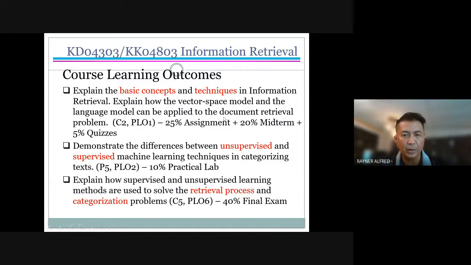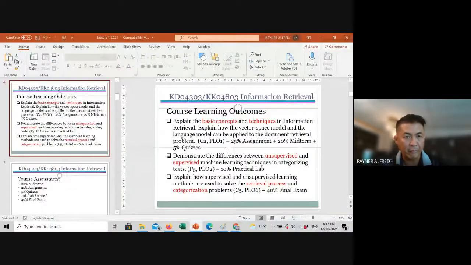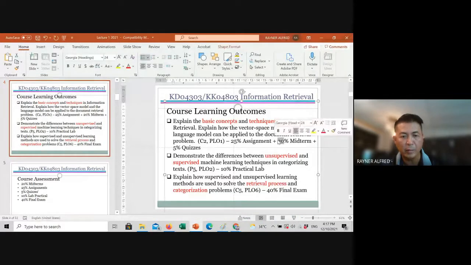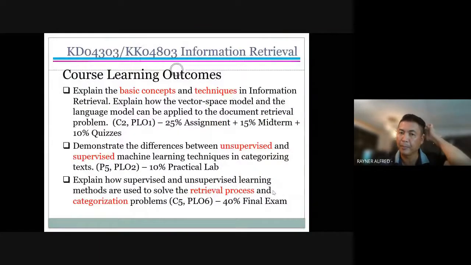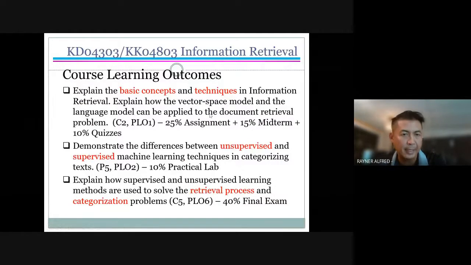You need to get all these 25% assignment. And we have recently changed this. We changed to 15 to make it lower because we have the quizzes here. So for your midterm, we only have 15% and quizzes 10%. Okay, so this will be used to test your basic concept and technique understanding.